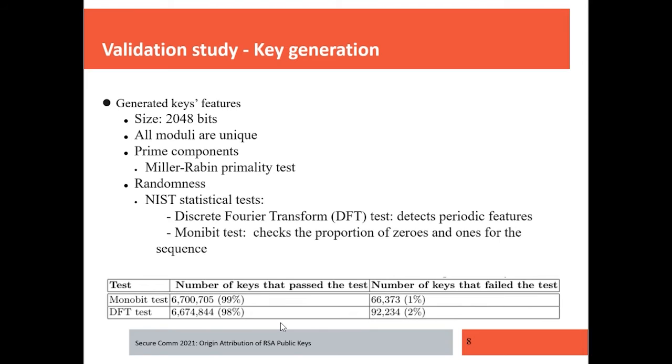And in order to check the randomness of the moduli, we use the NIST statistical tests, composed of the discrete Fourier transform and the monobit test. For the first test, we want to detect any periodic features in the moduli, and for the monobit test, we want to check the proportion of zeros and ones in the sequence. After we perform these tests, we see that more than 98% of the keys pass them.